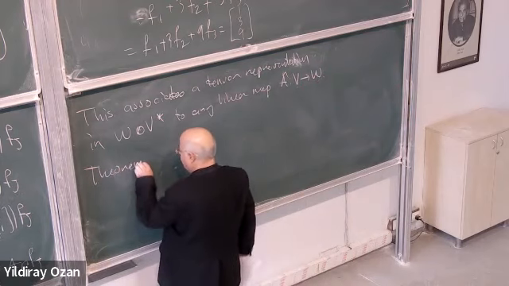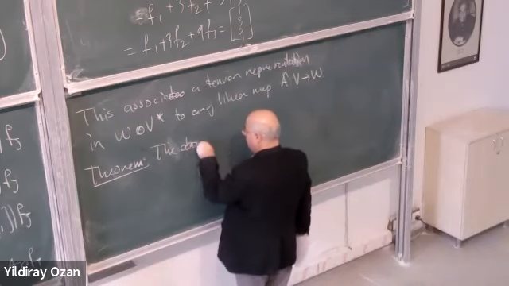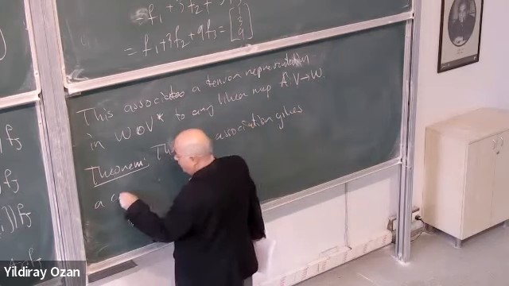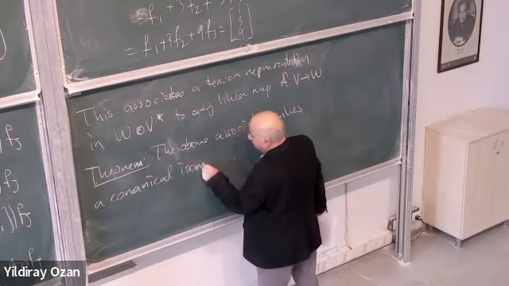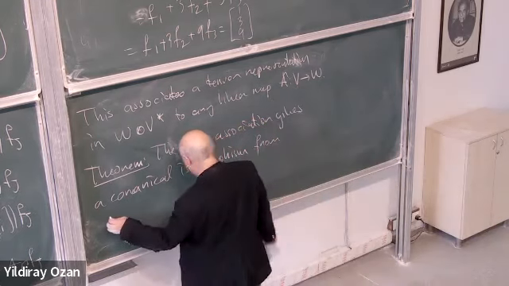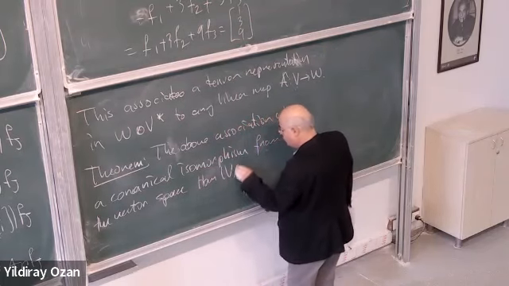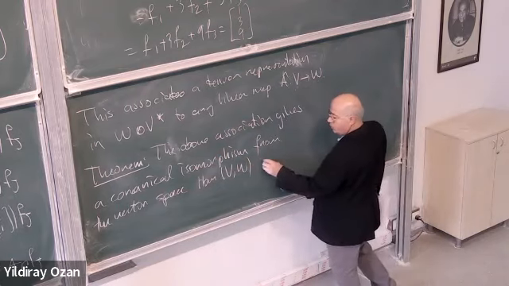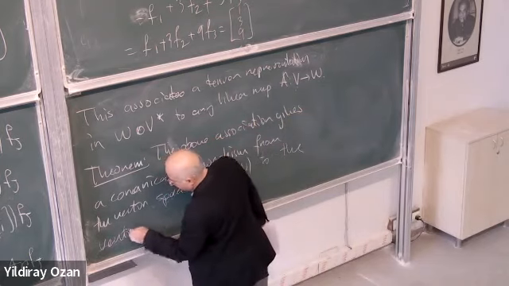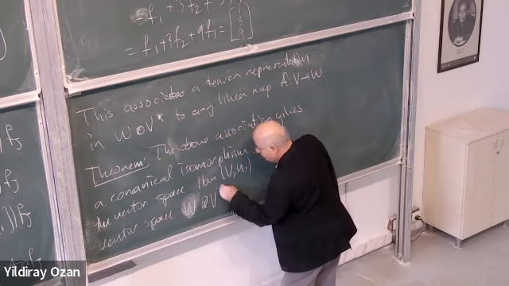Theorem is the following. The above association is a canonical isomorphism from homomorphisms from the vector space U to W. So to any homomorphism from U to W we associate tensors in the vector space W tensor U star.